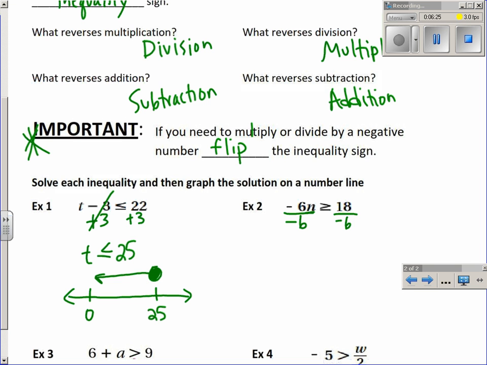We had to divide each side by negative 6, which means that we're going to flip the sign, and then it'll end up being n is less than or equal to negative 3. We set up our number line, put 0 down, negative 3. The circle goes above negative 3. We're going to shade in the circle because the sign is less than or equal. And then we're going to draw an arrow going to the left because all values of n are less than or equal to negative 3.